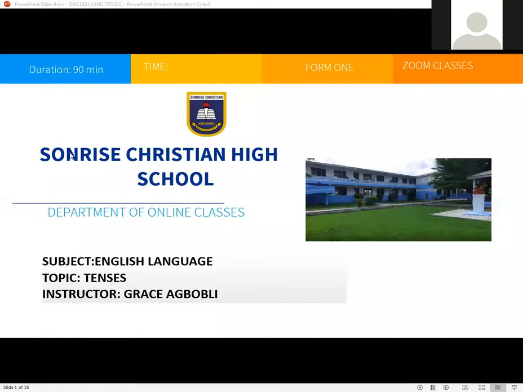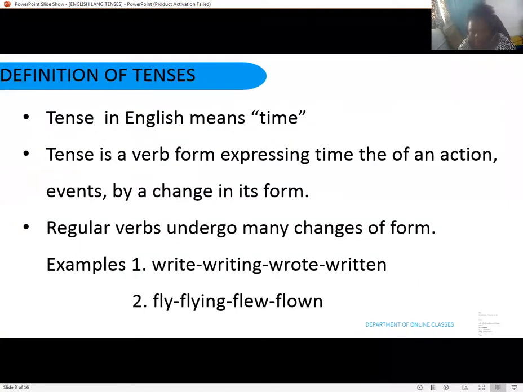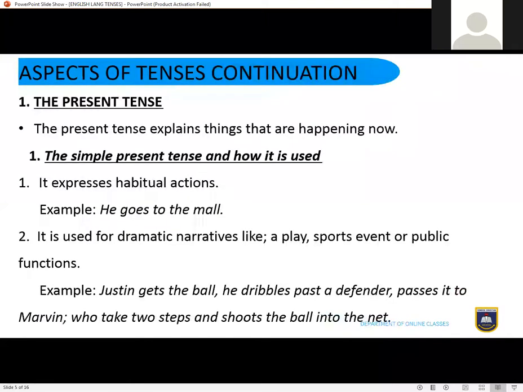So as we started, I told you that last week we started something on tenses. We looked at the definition and aspects of tenses, and I told you that we have 3 aspects of tenses that we'll be dealing with in this class.